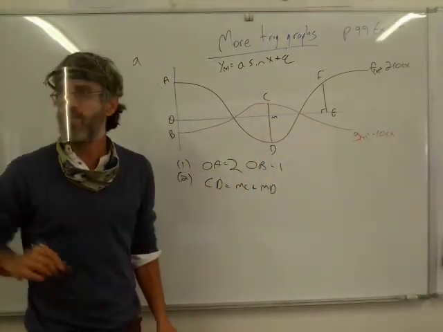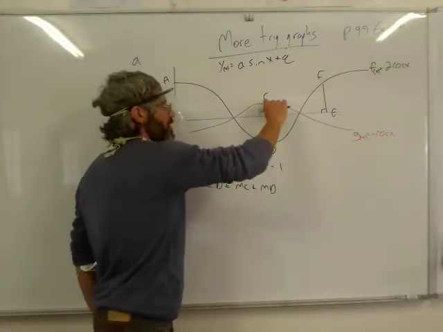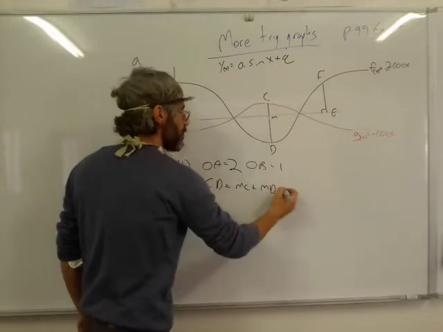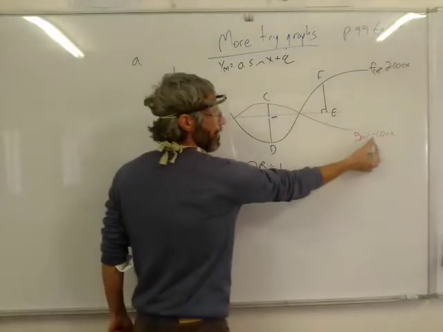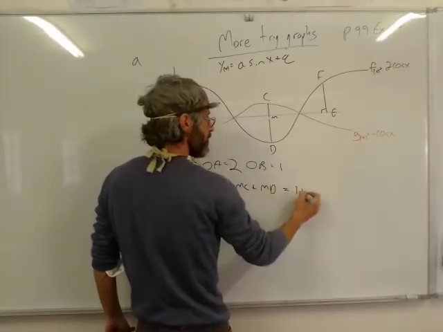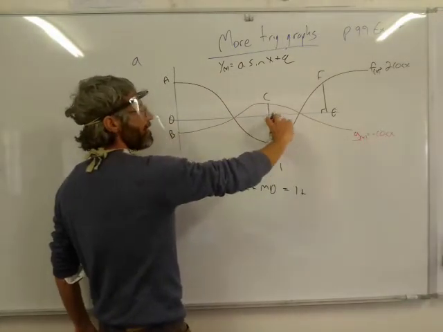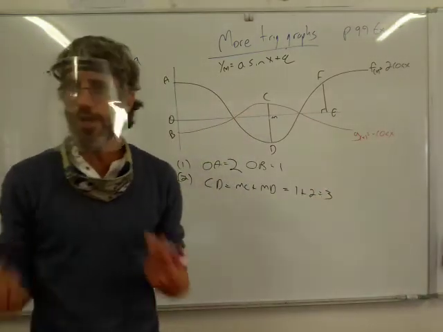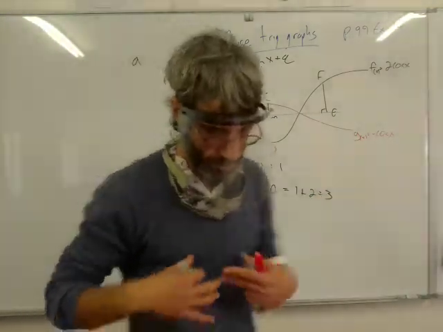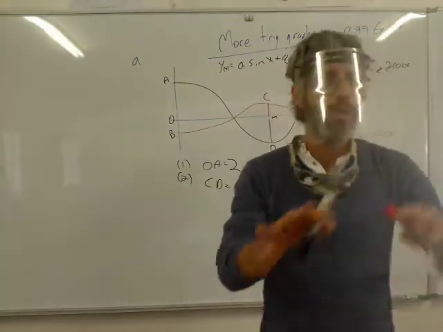In other words, this length plus that length. MC is going to be 1 plus the amplitude here, which is 2. So it's 3. It's pretty straightforward, but a little bit different to what we did so far. Are we alright, guys?